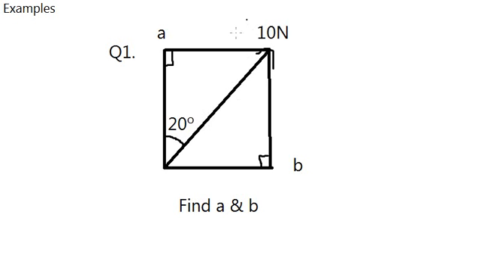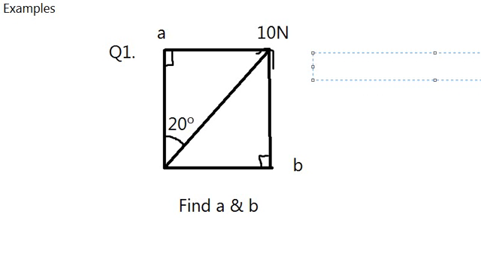We know that this diagonal is 10 newtons. And if we want to find A, we use the trigonometry that uses an adjacent side and a hypotenuse, which is cosine.